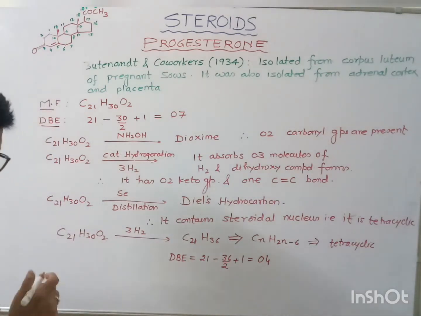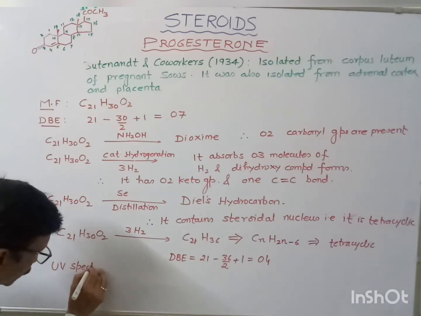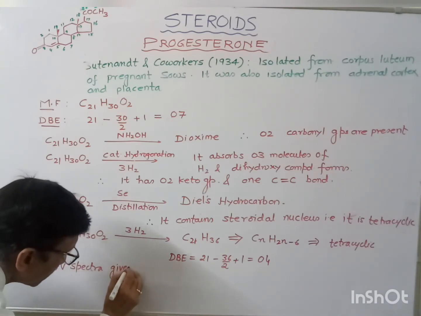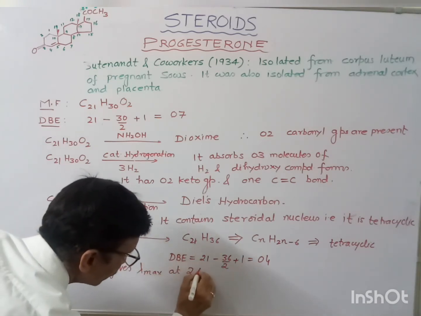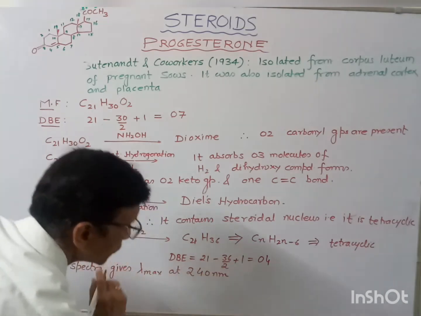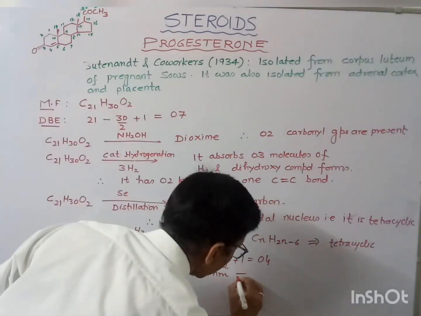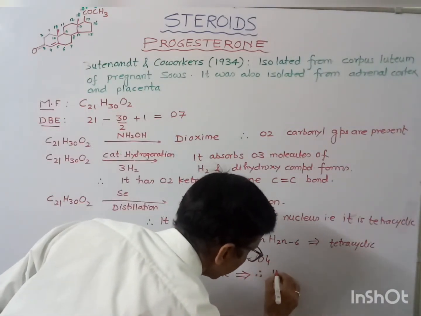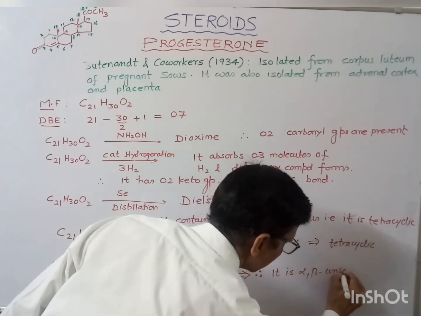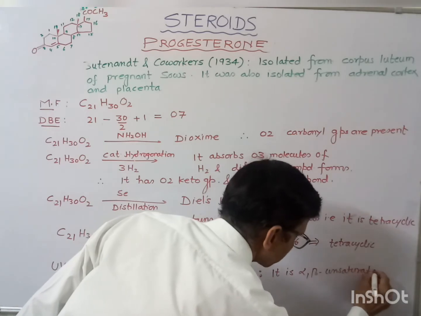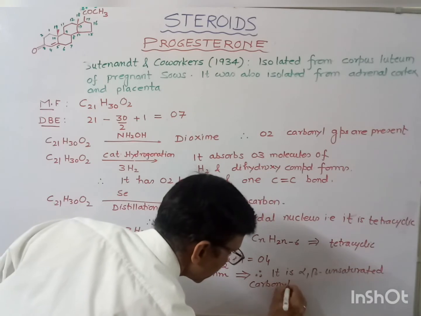When the UV spectra was taken, it gave lambda max at 240 nanometer. So this indicates it is an alpha beta unsaturated carbonyl compound.